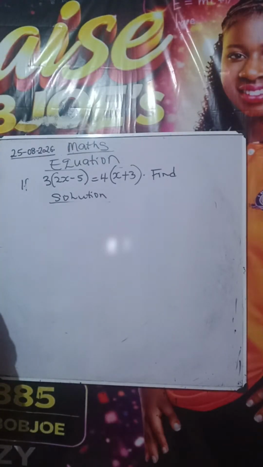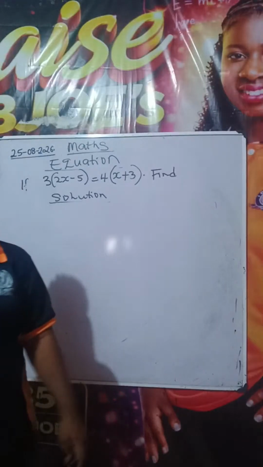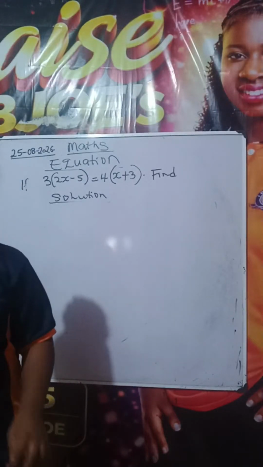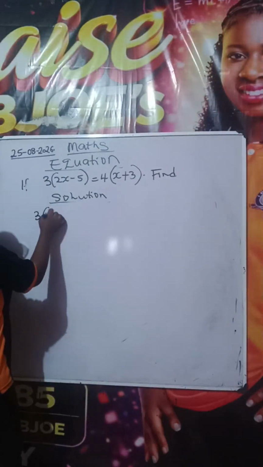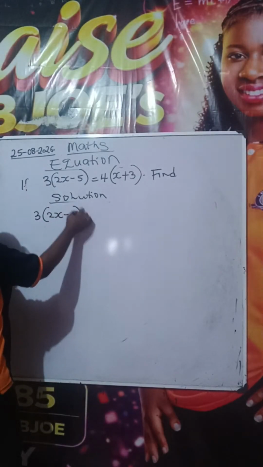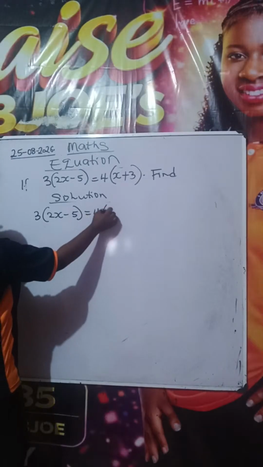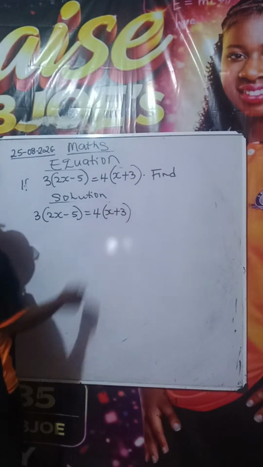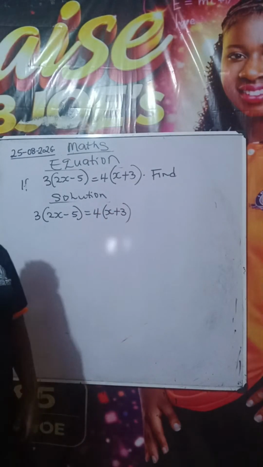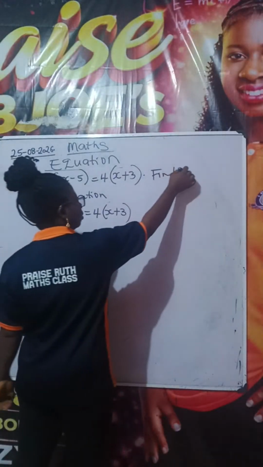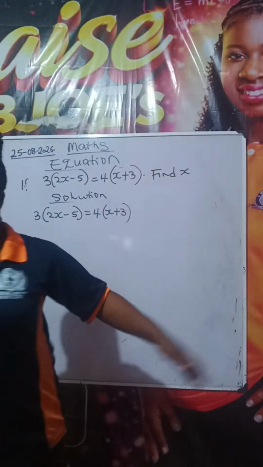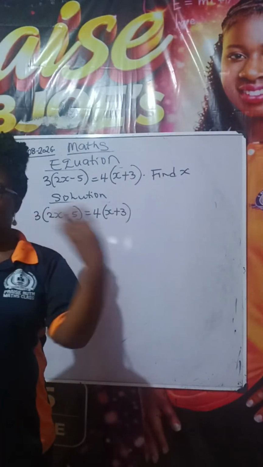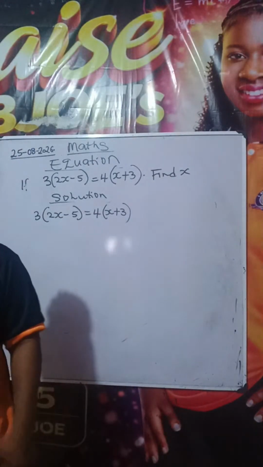So all we need to do now is bring the question down first. So we have 3 multiplying 2x minus 5 equals to 4x plus 3. So what do we do? Open the bracket. We need to expand it. Good job.